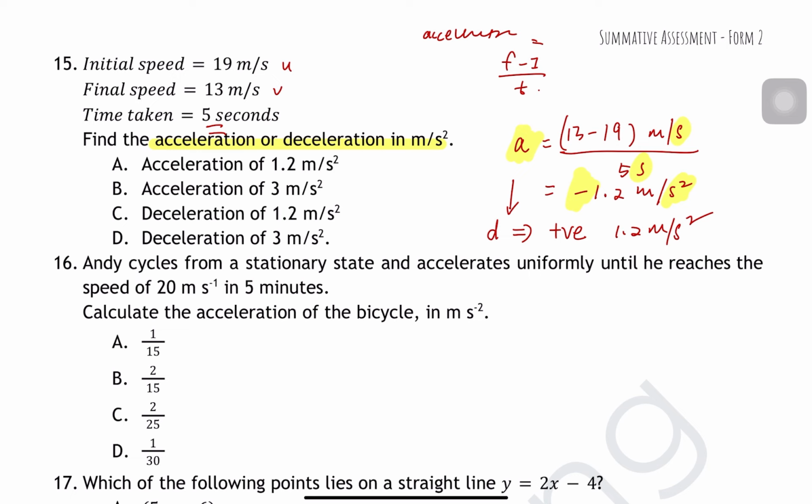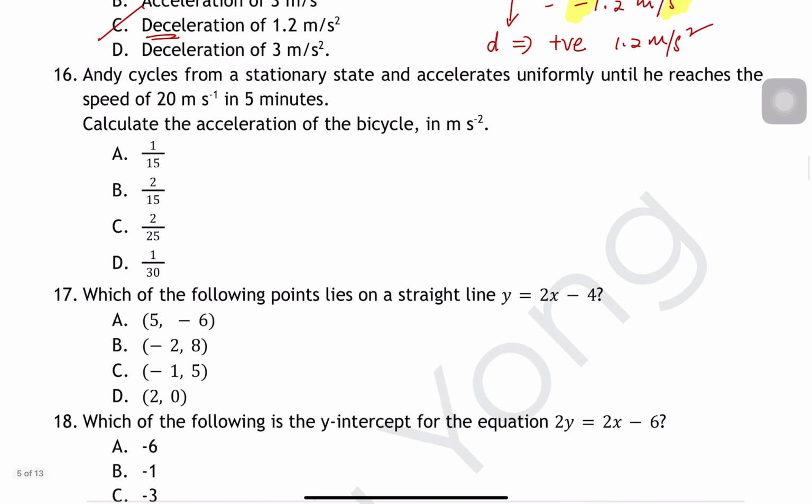So your answer is C, because you are referring to the deceleration part. The speed is reducing from time to time. In this case, it reduces from 19 to 13 in 5 seconds. So this is a deceleration. The object is slowing down.